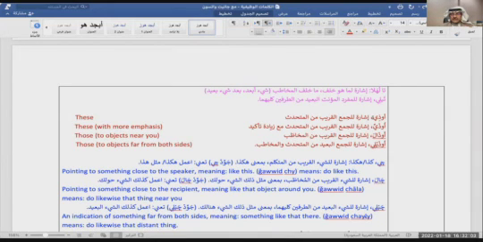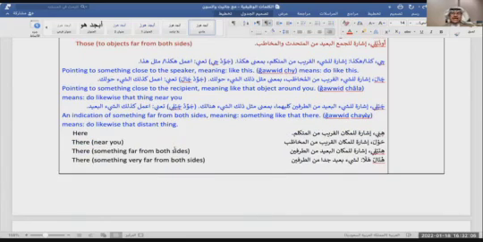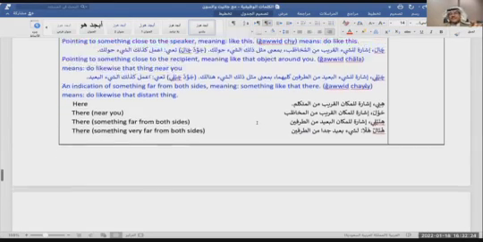Okay, kadha means like this. Do like this. Kadhala means do like that thing around you or near you. And kadhayli means do like the thing far from both of us.